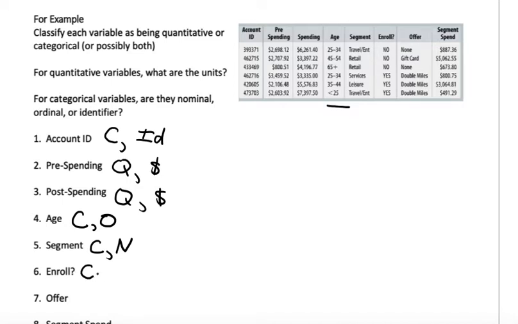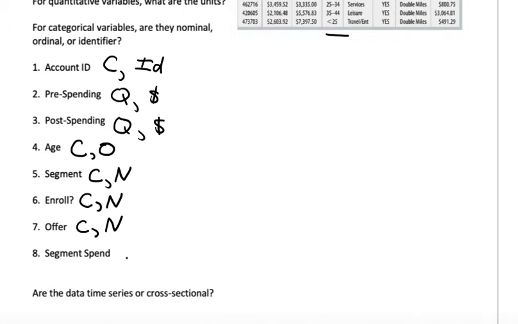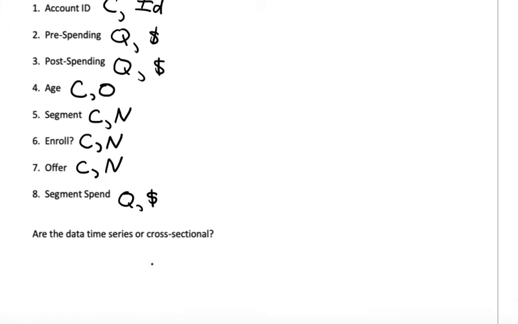Enroll, yes or no answer, is categorical and nominal. The offer they received, none, gift card, those are nominal, categorical. The segment spend is another dollar amount, so that's quantitative. And the last question is, are the data time series or cross-sectional? Now each case here was measured at the same time, so that makes it cross-sectional.